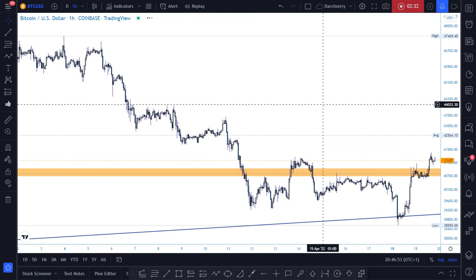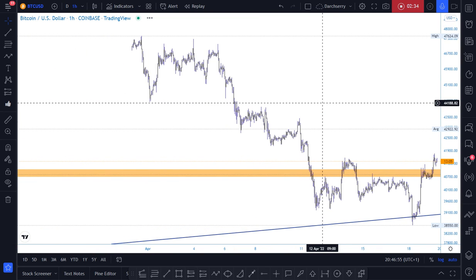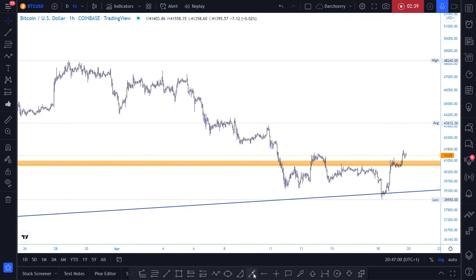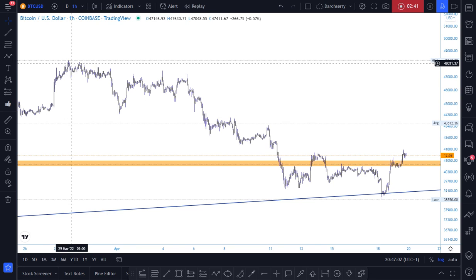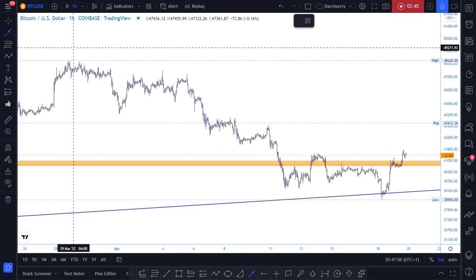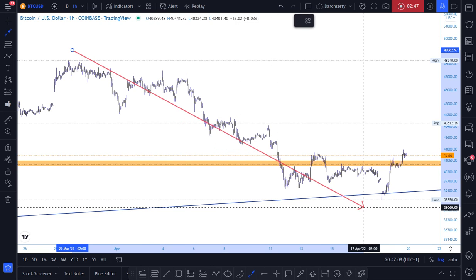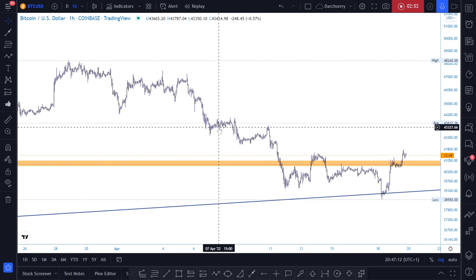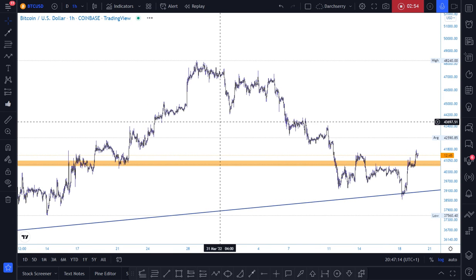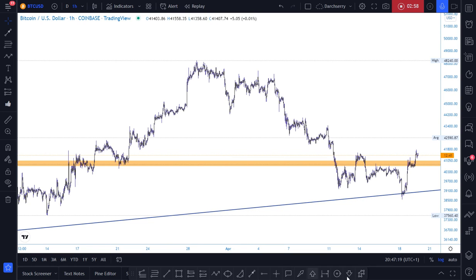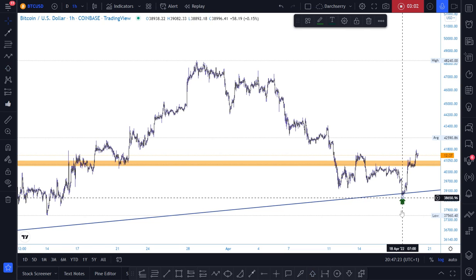Now on the 1 hour time frame, we could see a bearish momentum that has been happening since the beginning of the month, which is very evident on the chart, and it crashes into the bullish trend line we identified on the daily time frame.